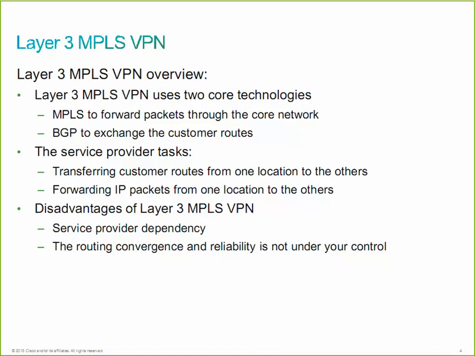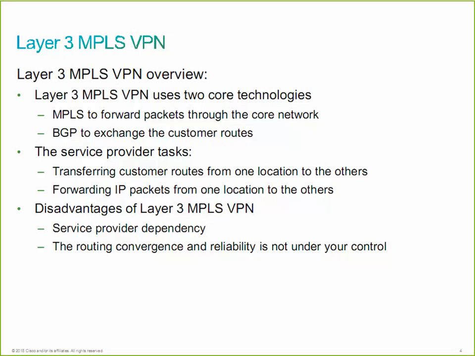If we're choosing to implement a Layer 3 MPLS VPN, we are very dependent on the service provider to provide that routing, right? Which makes it difficult because if I decide that I want to change service providers or incorporate additional services, that service provider has to support those services.